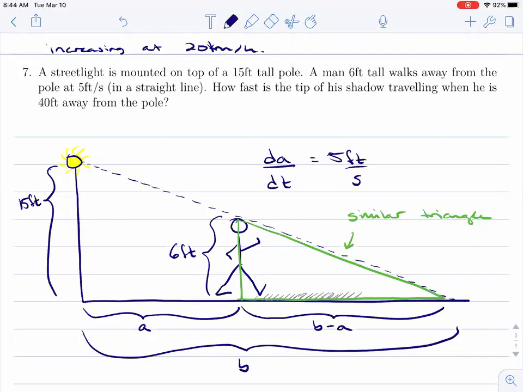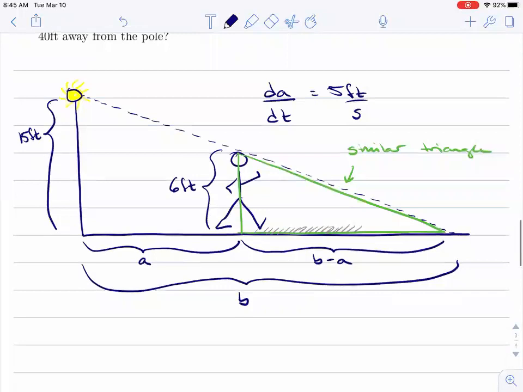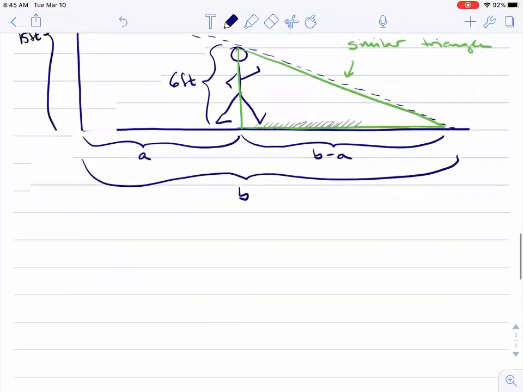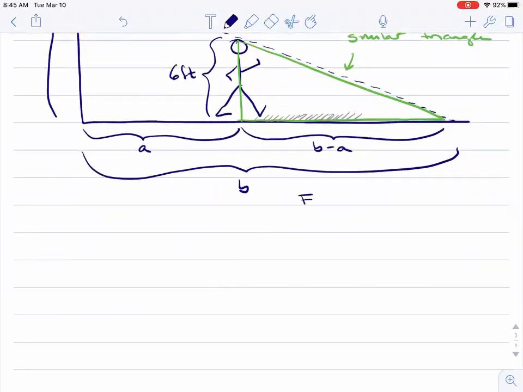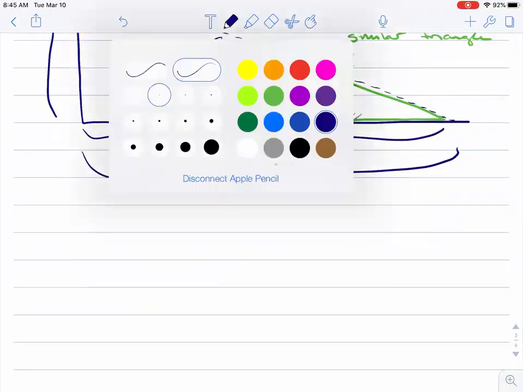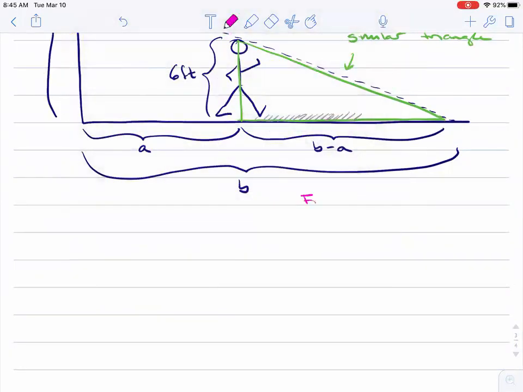So what we want to find is dB dt, it says, the tip of the shadow. Let's just go with it. I'll even do it in a different color. Find dB dt.